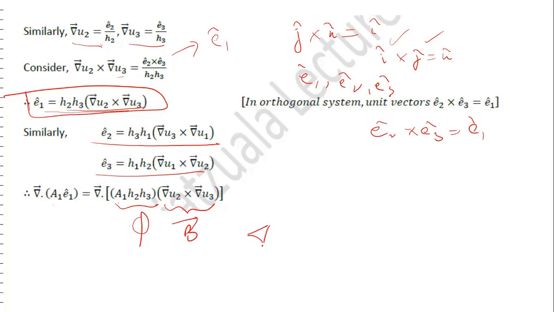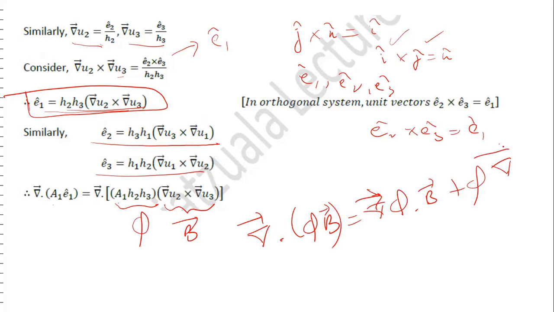So this is grad phi dot B vector plus phi divergence of B vector. This is what we are going to get.